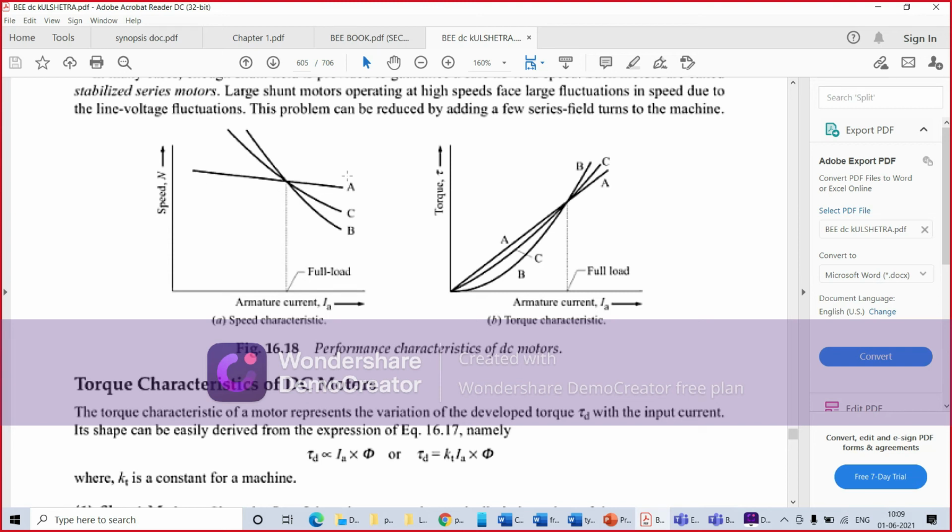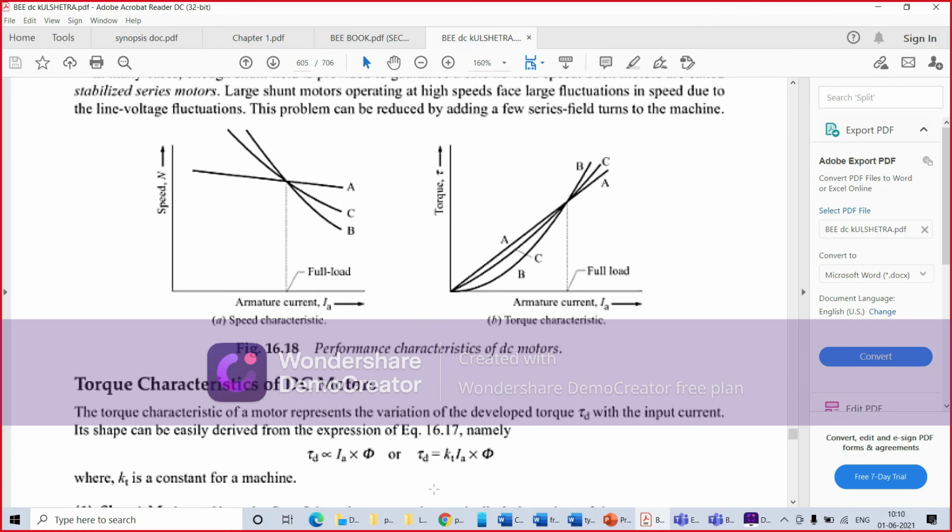The somewhat drop is due to the armature reaction, due to which the flux is reducing somewhat, but it is close to constant. So this kind of motor is used for the constant speed applications, where you need constant speed, and at the same time the torque is increasing linearly.